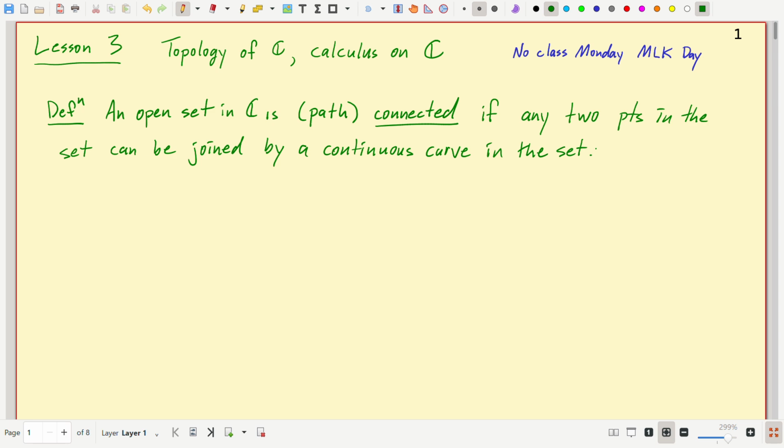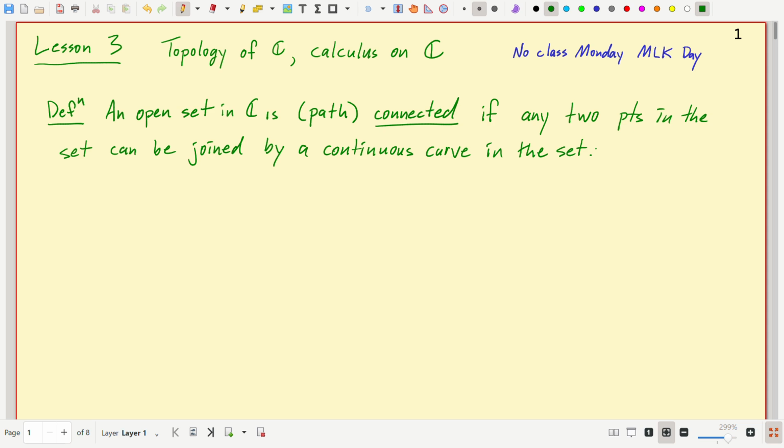If you have two open sets that cover a domain, a region, and they're disjoint, then either one has to be the whole set, or the other one has to be the whole set. That's the fancier definition of connected. For an open set, those turn out to be the same. So for us, an open set in the complex plane is going to be connected, meaning path connected.